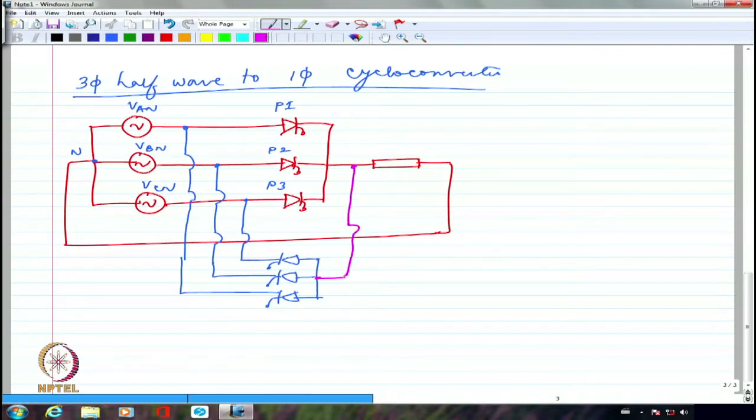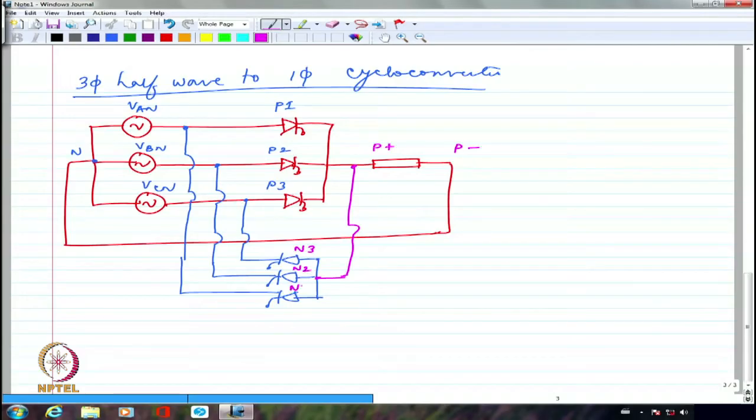You get my point? So if I try to fire P1, P2, P3, I am going to have this as positive. So this is P positive and P negative. Whereas if I try to fire, let me say this is N3, this is N2 and this is N1.